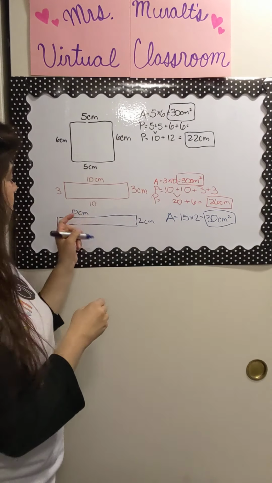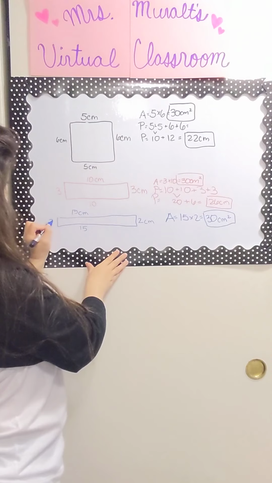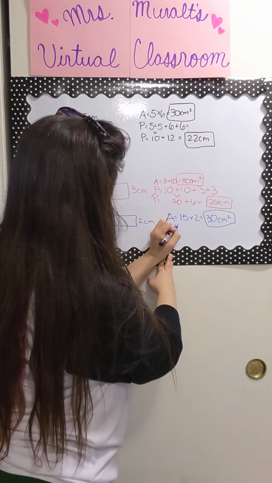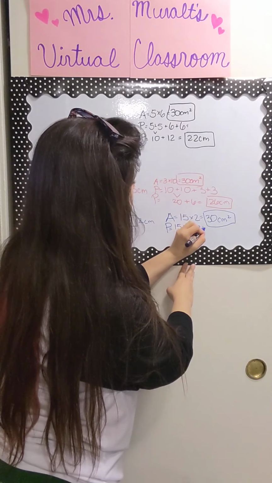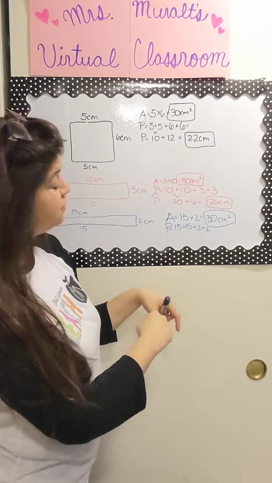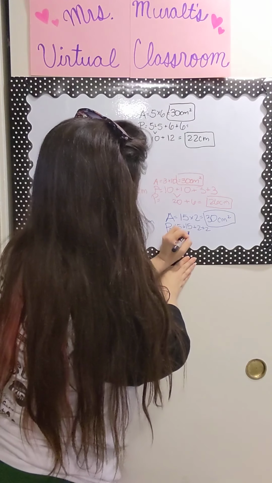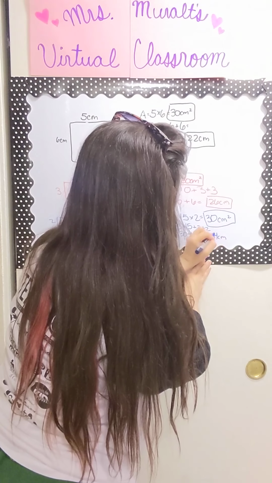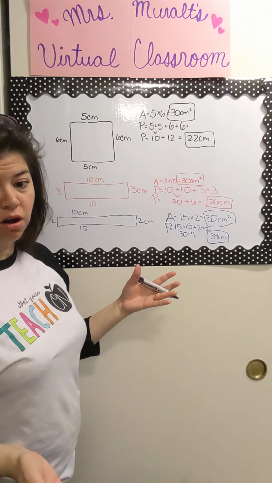And then to find the perimeter, 15 plus 15, 2 plus 2. So 15 plus 15, as I already mentioned, is 30, plus 4. This one needs the biggest fence of them all.